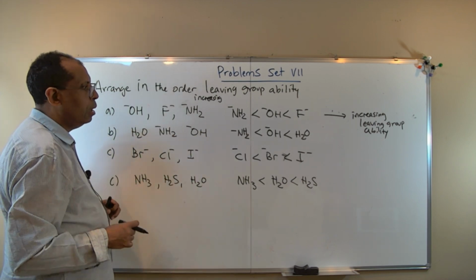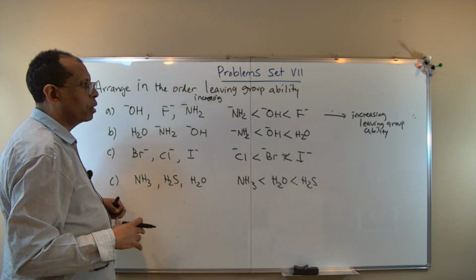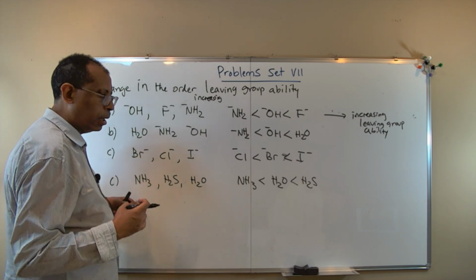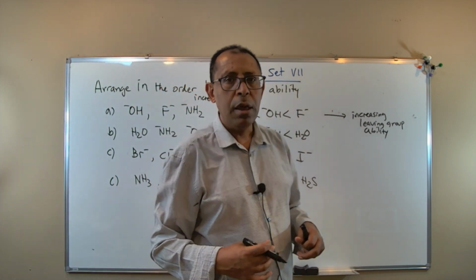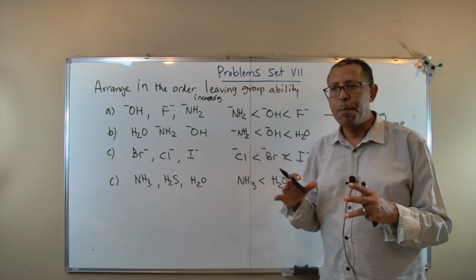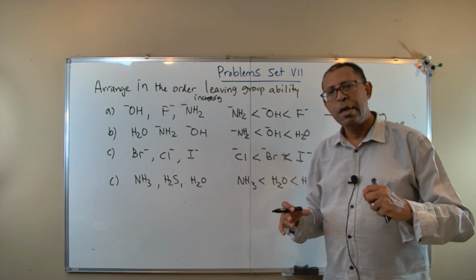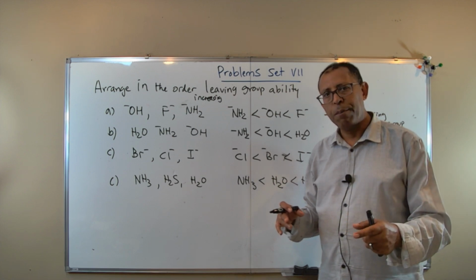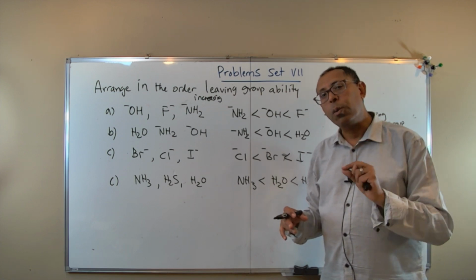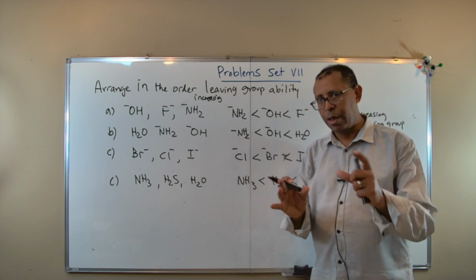So this is an important aspect of understanding leaving group ability. Leaving group ability can be determined by how strong a base it is. If it's a very strong base, it is a weak leaving group. So that's the opposite.